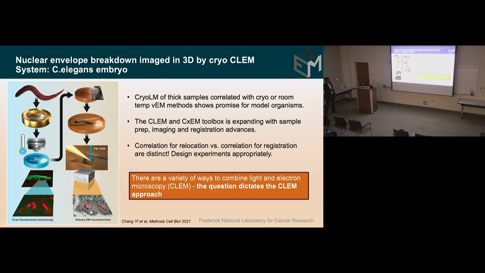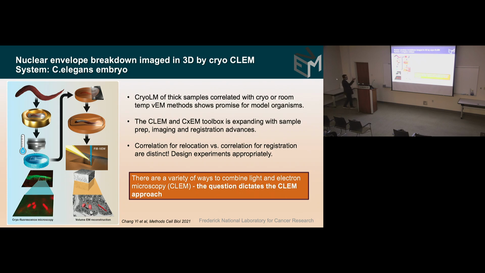Got it. But there are specific cases that we have done, like the Drosophila as an example, where we needed accurate 3D registration of the volume data set and of the light data set to be able to say that this LM image corresponds to a completely new or unexpected feature in the EM.